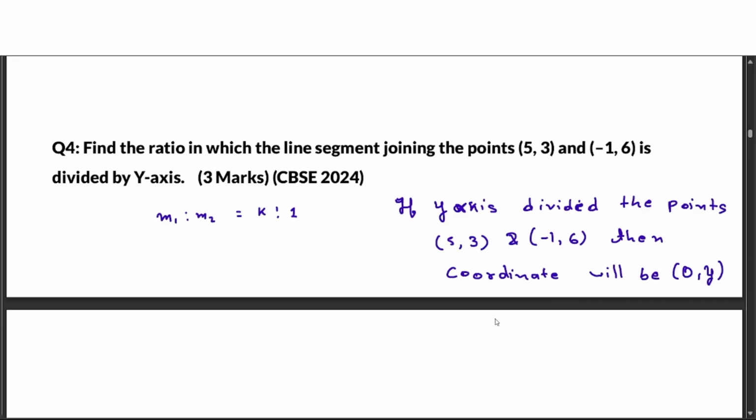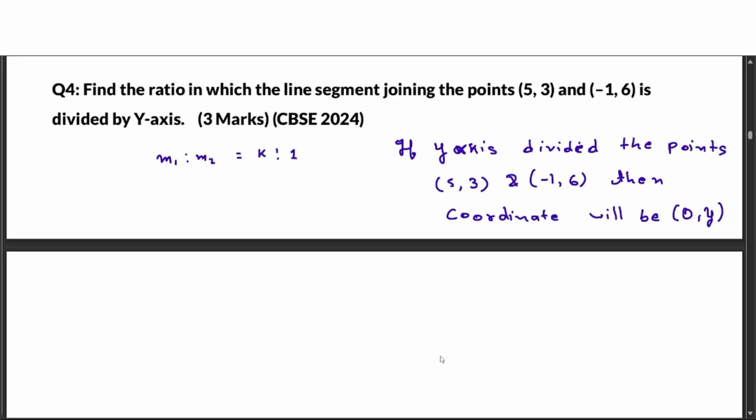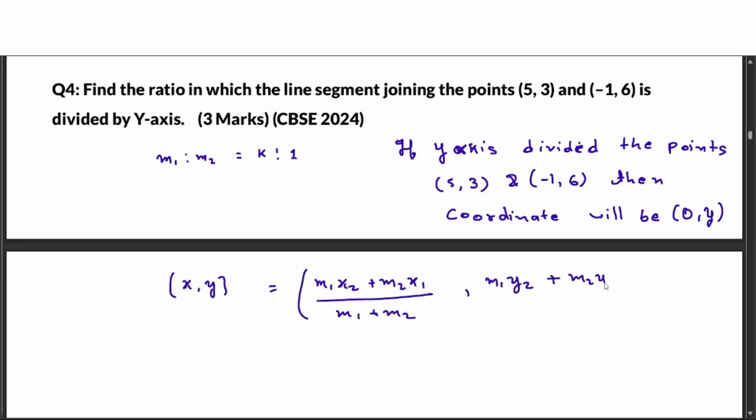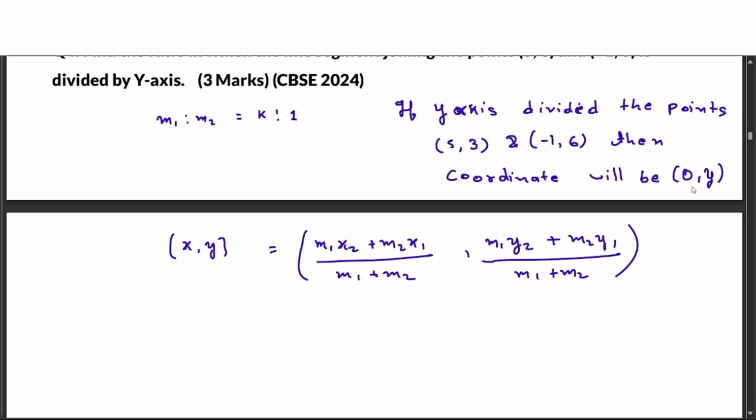Based on that we can use the formula here. We have the coordinate formula: x comma y is equal to m1 times x2 plus m2 times x1 over m1 plus m2, and m1 times y2 plus m2 times y1 over m1 plus m2. So this is your coordinate in the section formula. In this one the x coordinate will be 0.